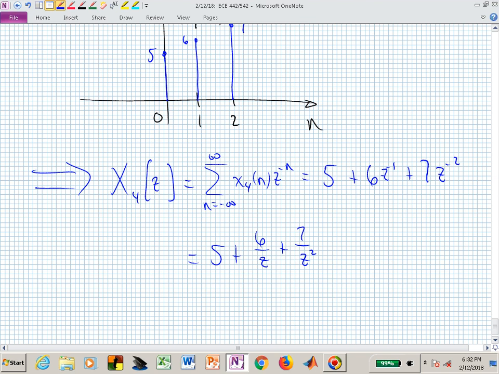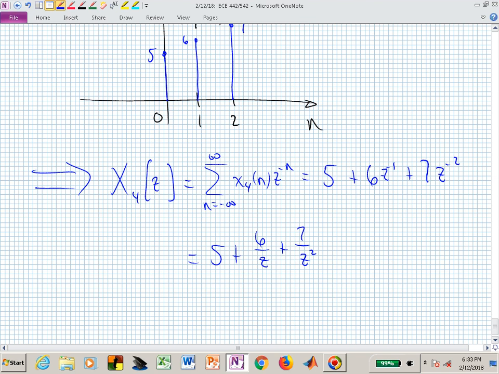Where is it well behaved? Where does it converge? For what values of z? Anything that's not equal to 0. It's the entire complex plane except we punch out that z equals 0 value.